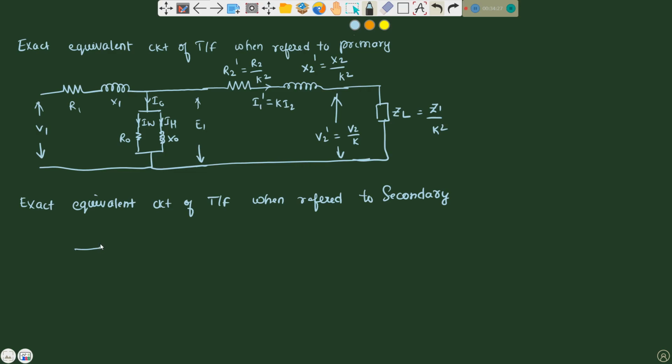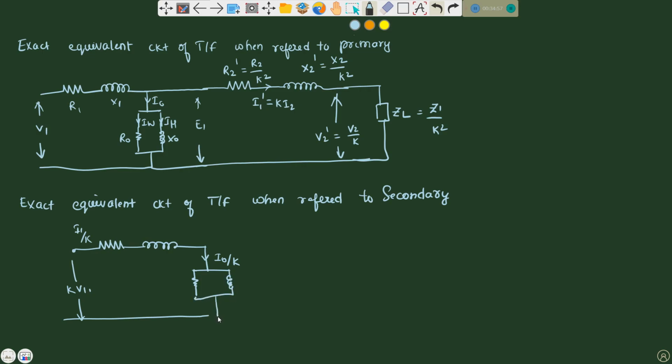So here resistance, inductance, then we have I0, here it will be I0 by K, here I1 by K. This is K times V1. A resistive component here, inductive component.